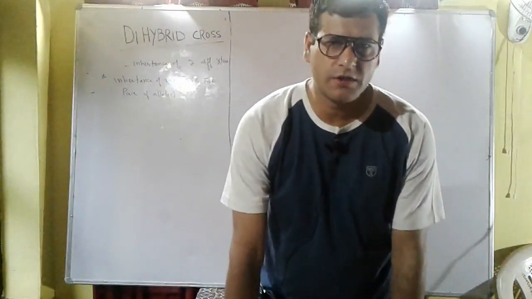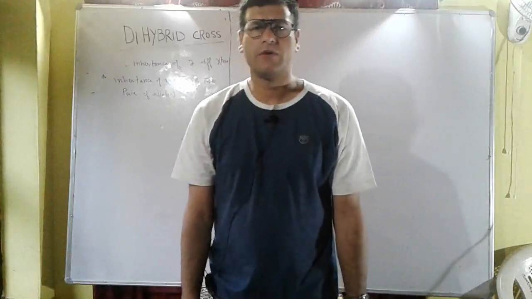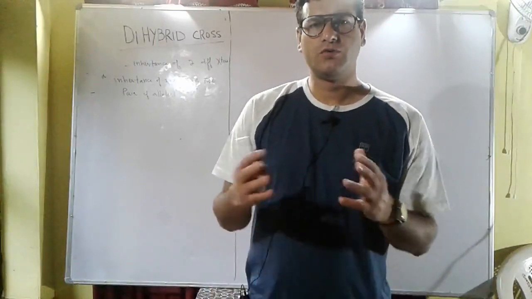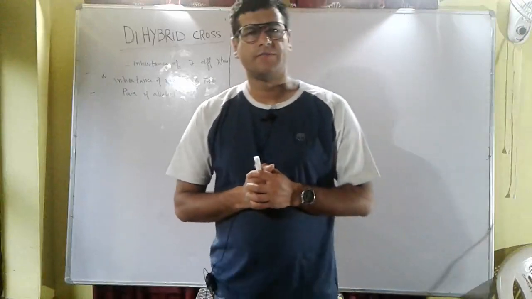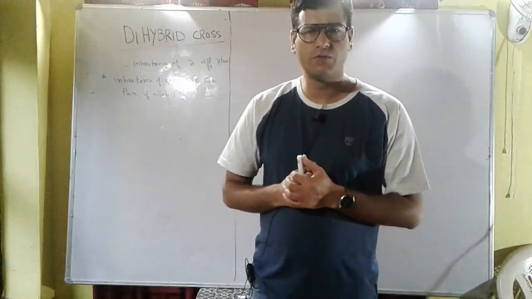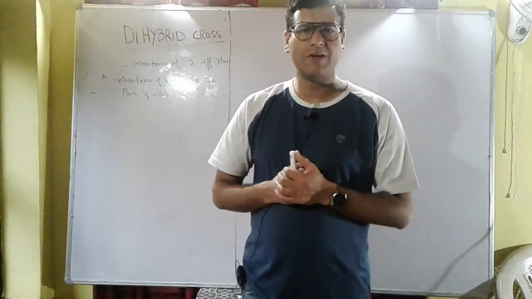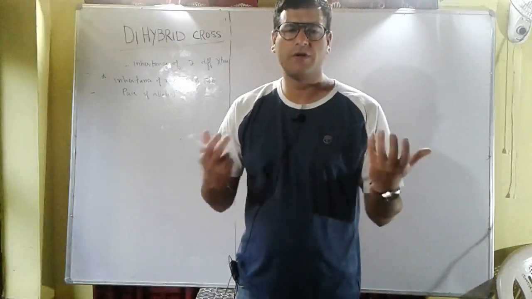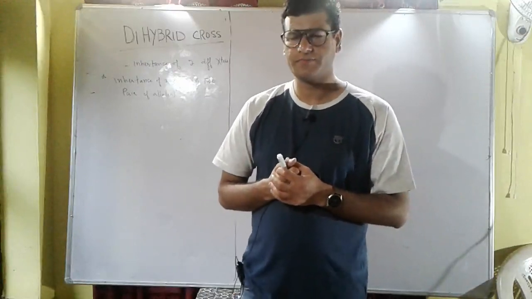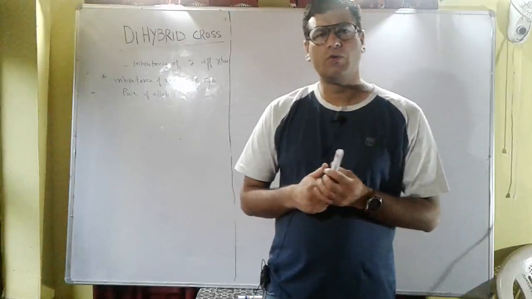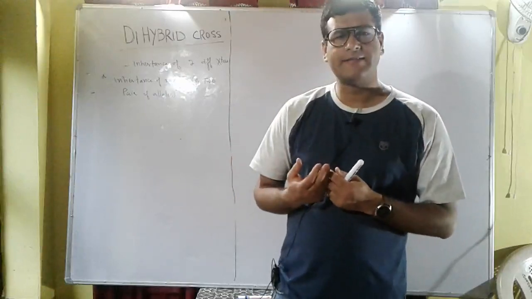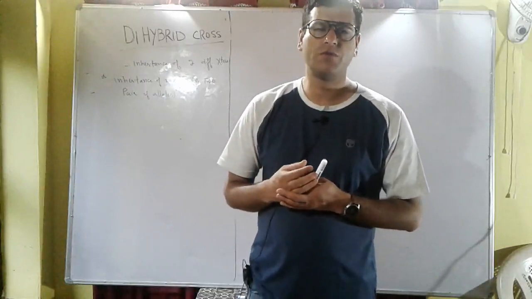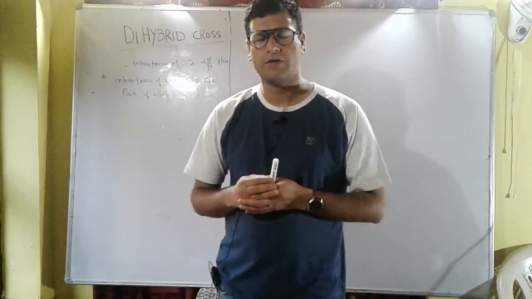A dihybrid cross is a genetic cross where we consider the inheritance of two different characters, or two different traits, and one trait is controlled by one gene. Therefore two traits would be controlled by two genes. So we can also say that a dihybrid cross is that cross which considers the inheritance of two genes or two pairs of alleles.